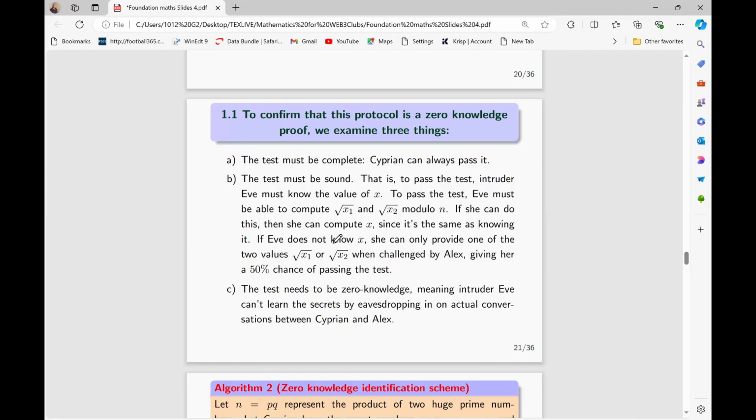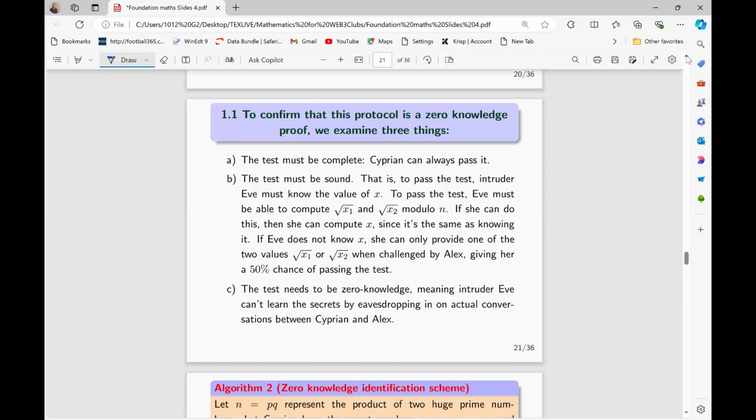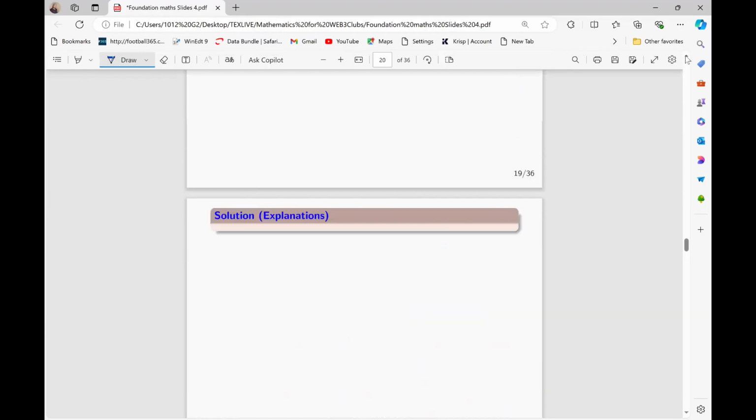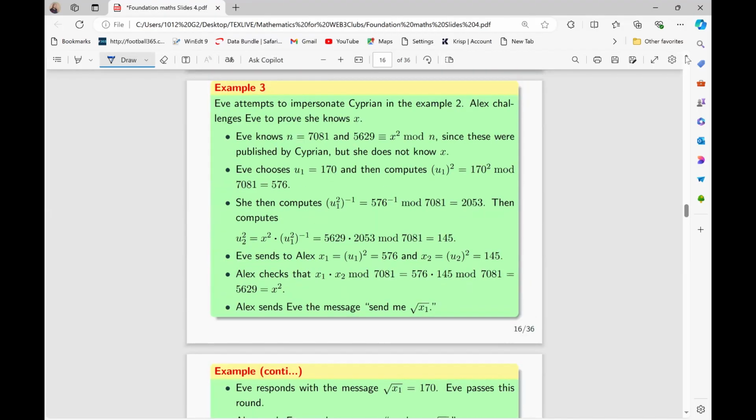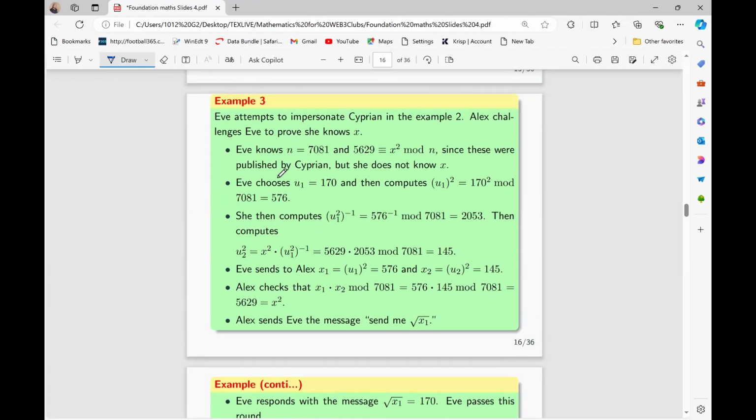We did an example where this impersonator scores 50% correct, and the other 50% is wrong. The example was here. Let me look at this example again.